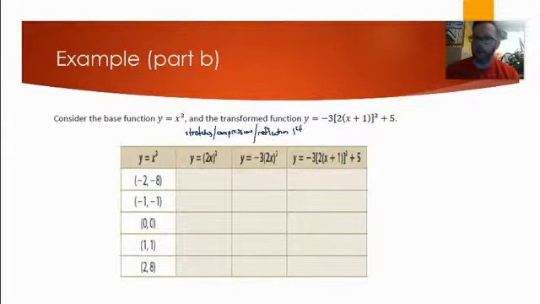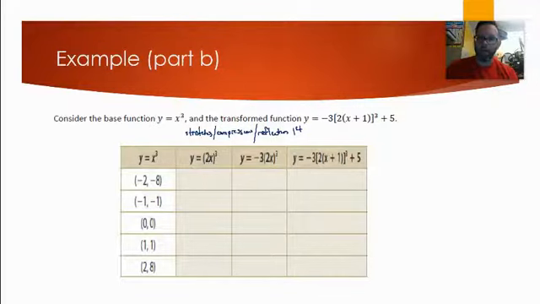That's a really important idea. It doesn't matter whether you do the vertical stretch first or the horizontal compression first or the flips. It doesn't matter. As long as you do all of these first and then do the translations, you will have an accurate graph.